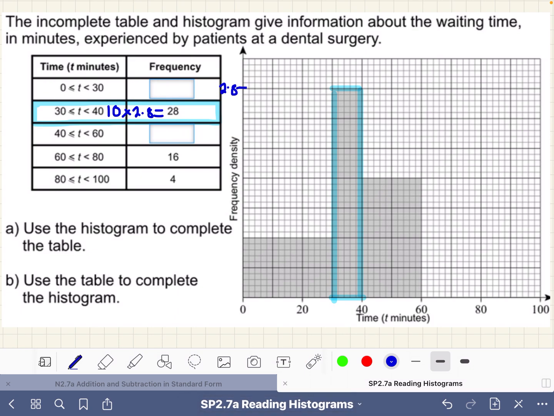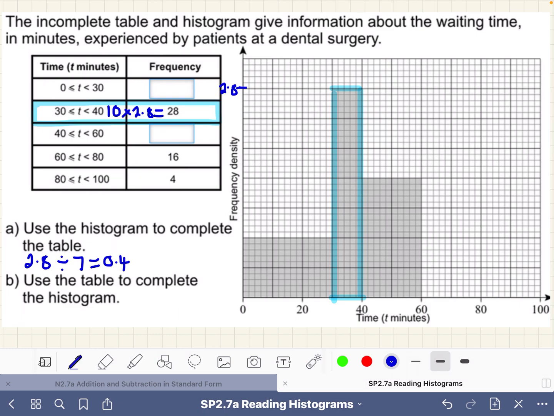We can now use this information to determine the rest of our scale, where we are taking the 2.8 and dividing by how many steps it takes to get there. 1, 2, 3, 4, 5, 6, 7. That gives us a value of 0.4.